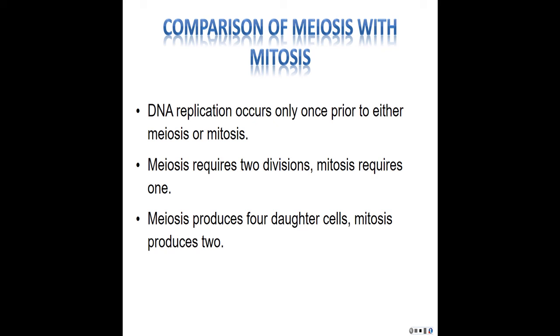Meiosis produces 4 daughter cells. Mitosis produces 2. So if this cell is going through mitosis, it's just going to create 2 genetically identical cells. If a cell is going through meiosis, it's going to create 4 genetically distinct cells.